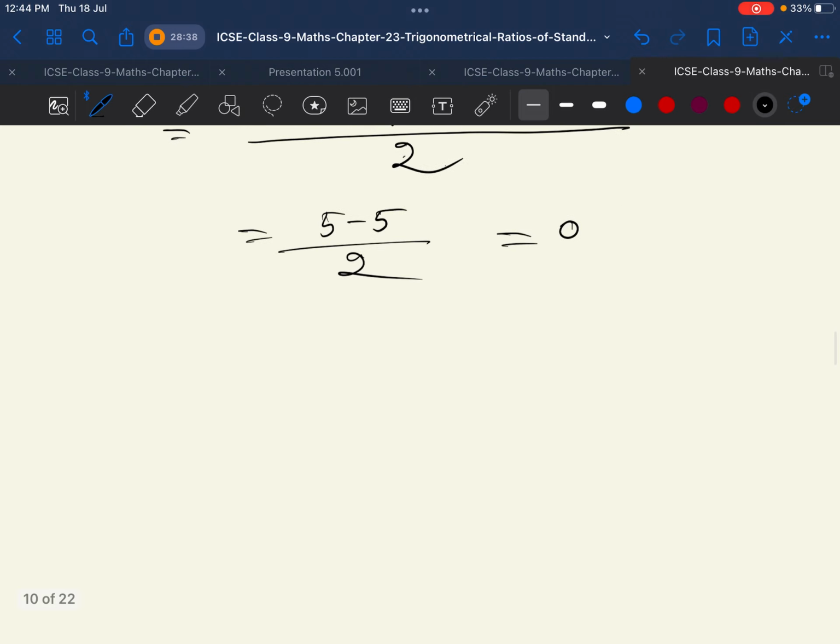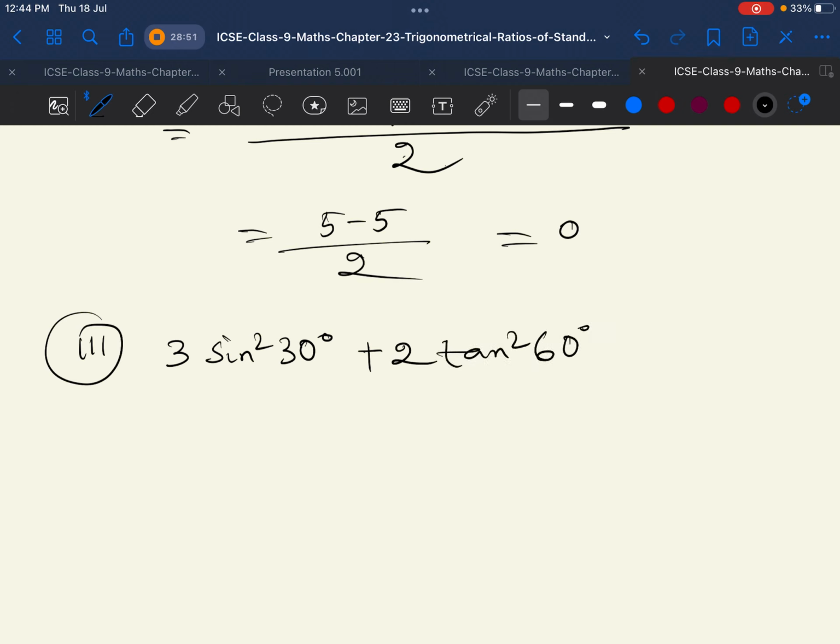Now question number 3. 3 sin square 30 degree plus 2 tan square 60 degree minus 5 cos square 45 degree.